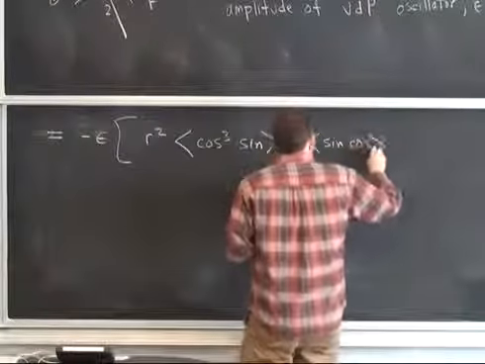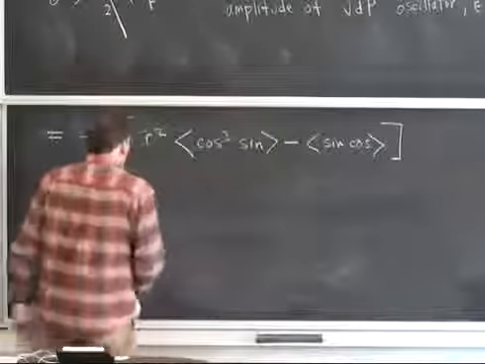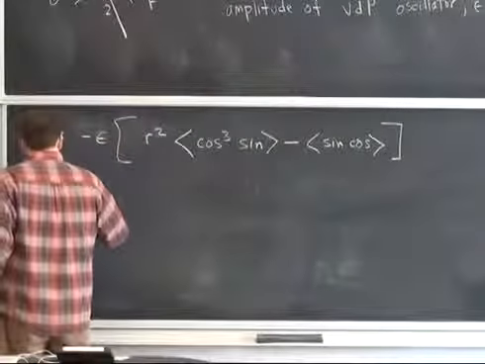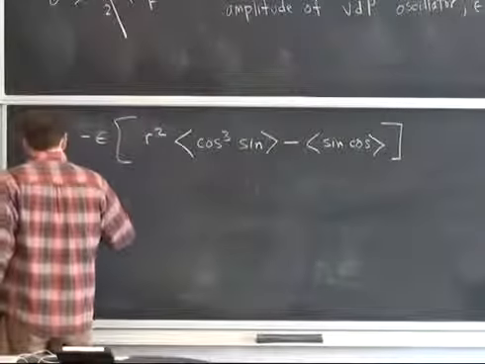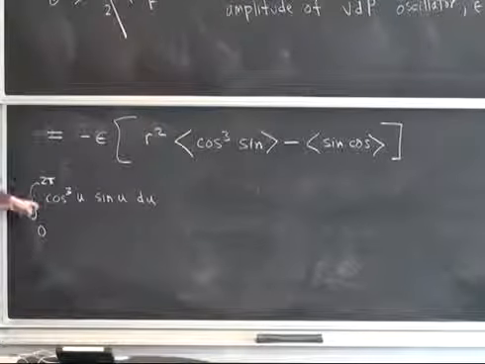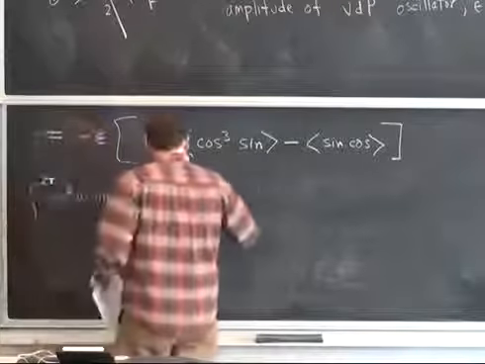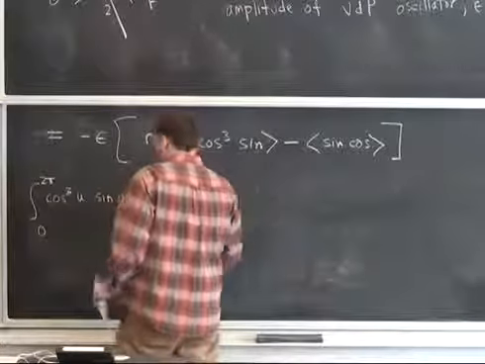And so all these are averages over intervals of length 2 pi, and they're 0, actually. Like, if you did cosine cubed of u sine u du, I hope you can believe me that it doesn't matter about centering at t. You can just shift coordinates to end up converting it to this kind of integral. And you can see that this would give me something like cosine to the fourth.